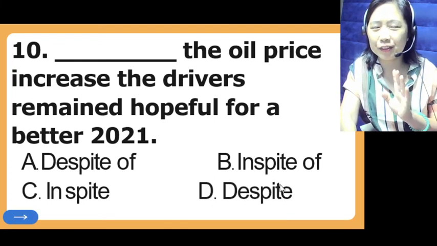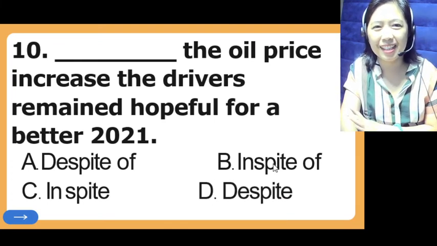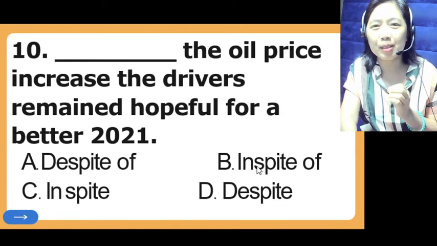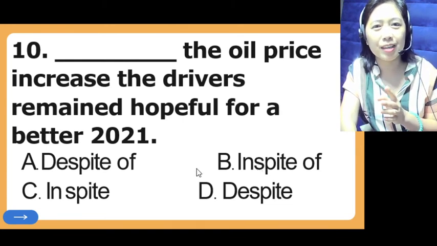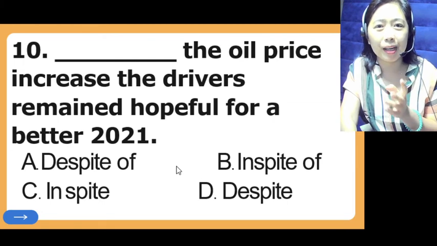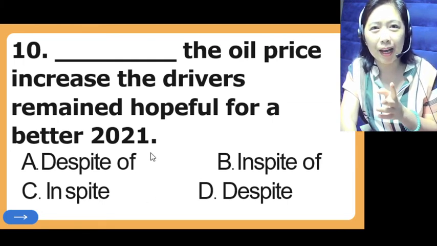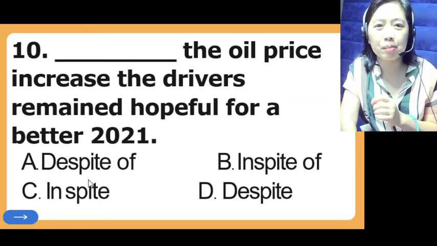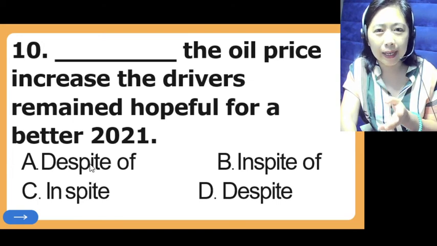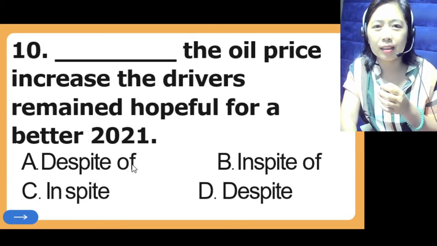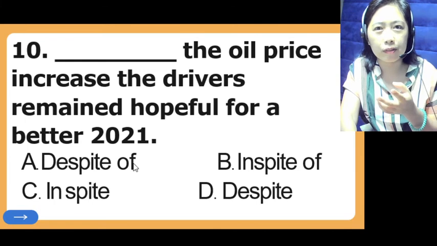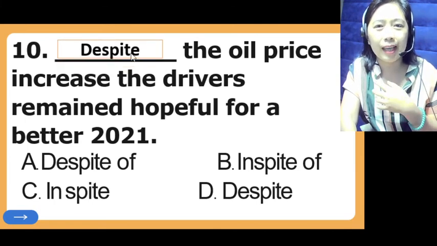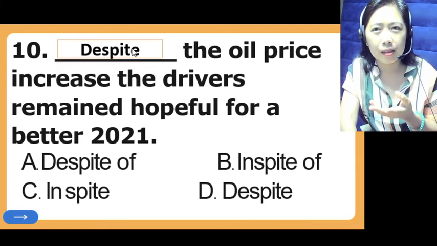It's kind of tricky here actually. If you can still remember, one of the topics we also have here is the use of "in spite of" or "despite." When we use "despite," there is no need for us to use "of." So the correct answer here is "despite."